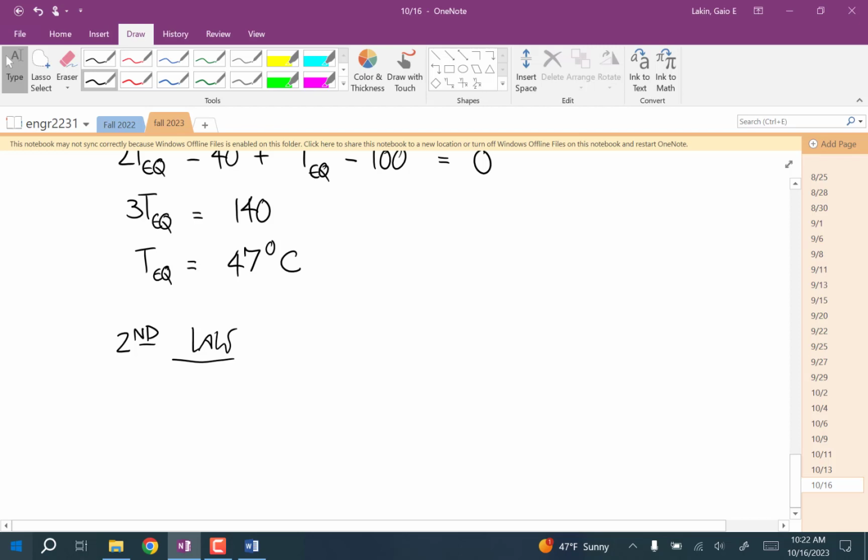And for an isolated system, we know that the change in extensive entropy has to be greater than or equal to 0.